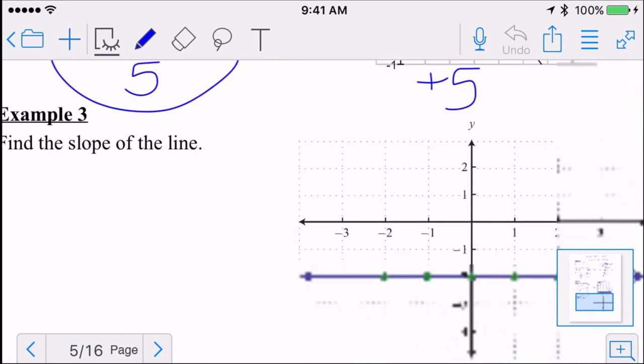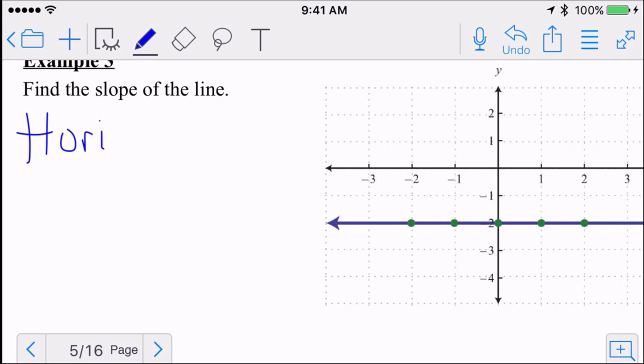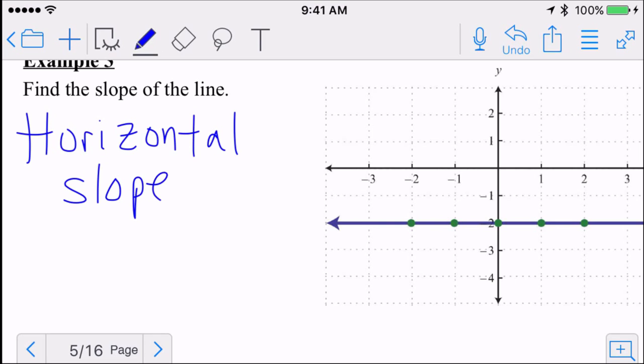Scooting on down, find the slope of this one. Uh-oh. What does this one look like? Look back at that last page with the penguins. Which one does that match? That's a horizontal line. And when we have horizontal lines, we have a slope of what? Yep, 0. So already from looking at it, we know it's horizontal, we know the slope is 0.